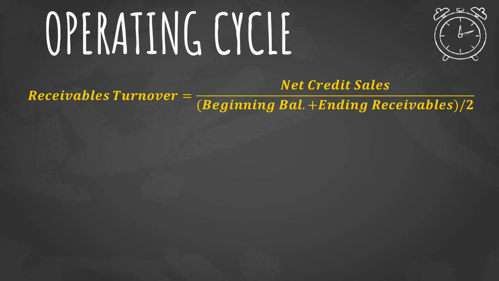Now, after getting the inventory turnover, we'll now identify the receivables turnover by getting the net credit sales from your income statement for year 2014 and the beginning balance and ending receivable balance of year 2014 accounting period.